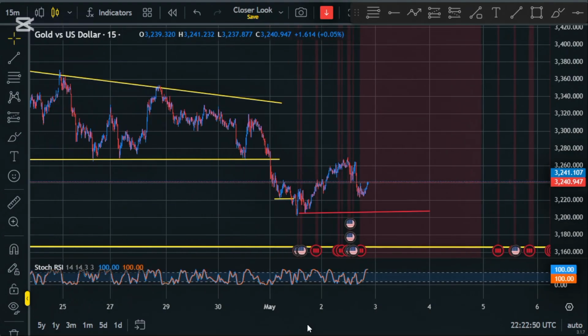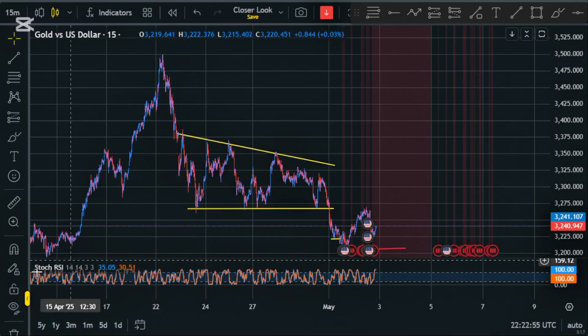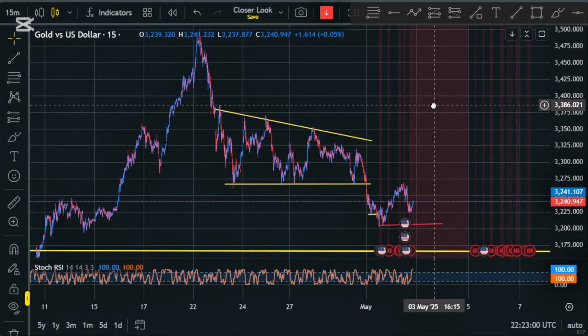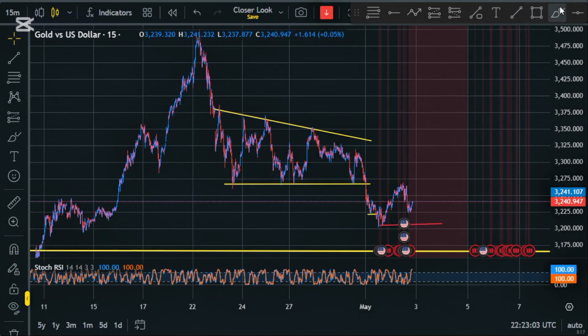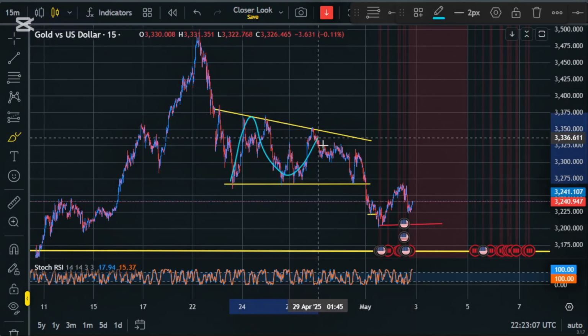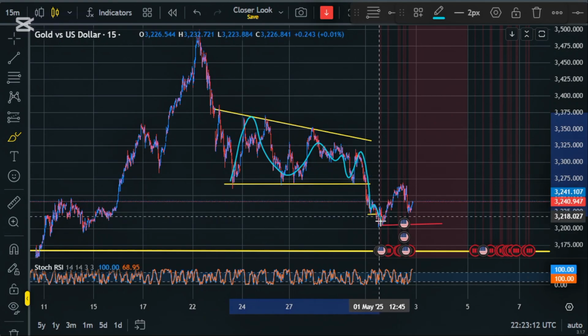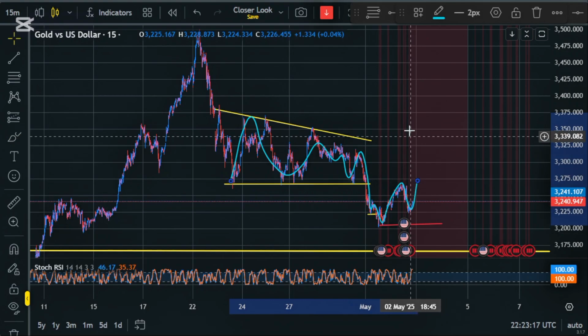If you notice, from this region after this break of this range, the market swept liquidity to the downside, and then we had the break of structure. Let me zoom.